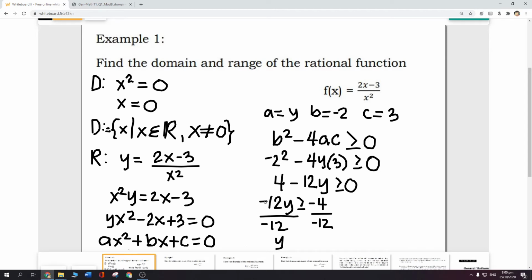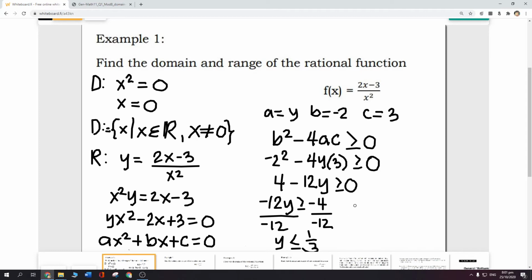Take note, when we are dividing by a negative in an inequality, the inequality symbol reverses. So instead of greater than, we are now using less than or equal to. Then we have negative 4 over negative 12. Simplify this, we can have positive 1/3 or 1/3.